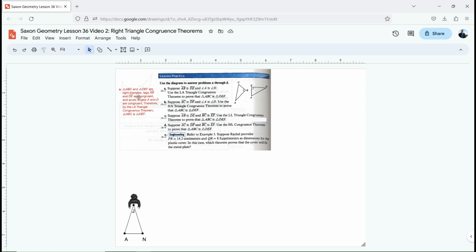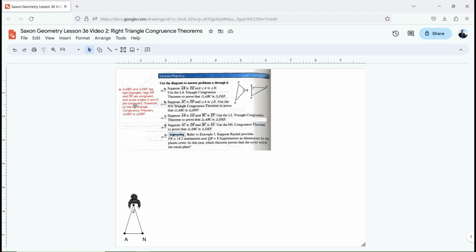Legs AB and DE are congruent. That's given. Actually, what was given in the first one is that angle B and angle E are right angles. And then by the definition of right triangles, triangle ABC and triangle DEF are right triangles. That's how I would do it if I were being thorough. And then angles A and D are congruent.